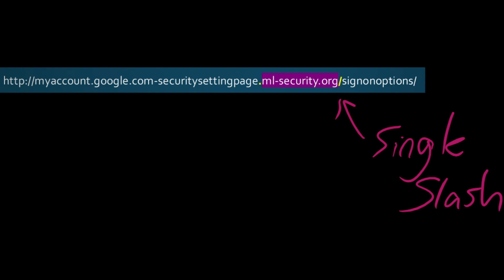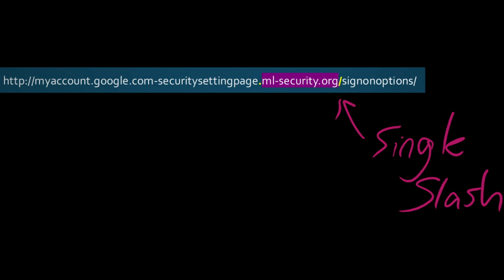Then you got myaccount.google.com, which if it stopped there and had the slash, that'd probably be valid. However, then it goes -security setting page.ml-security.org/.